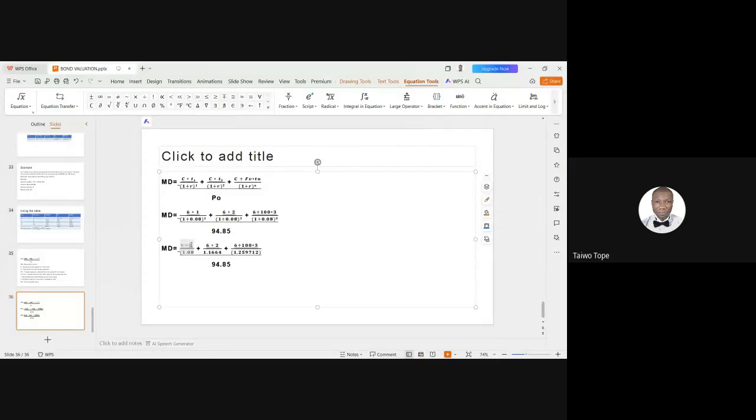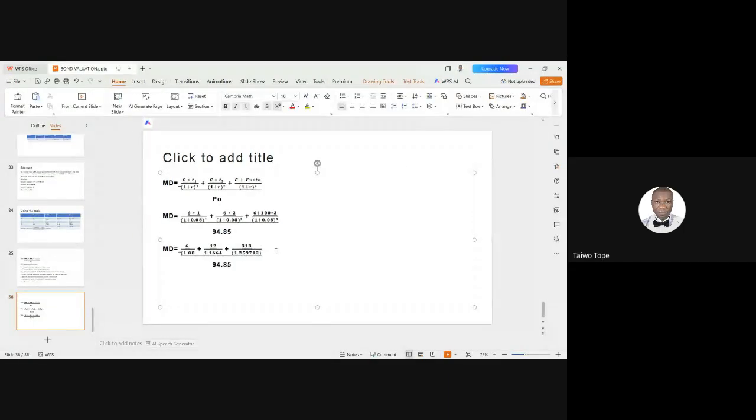This will give us the numerator: this should be 6, this should be 12, and this should be 318. And if you go further, what will happen?